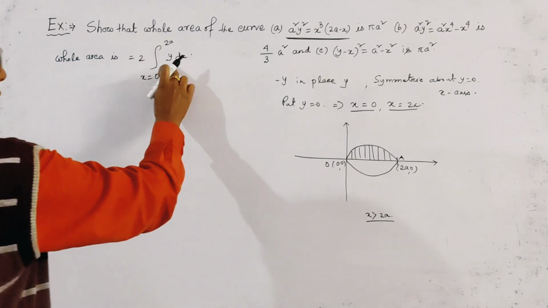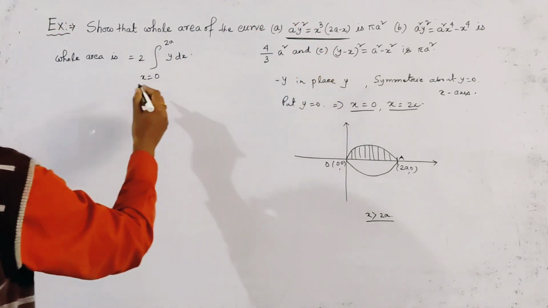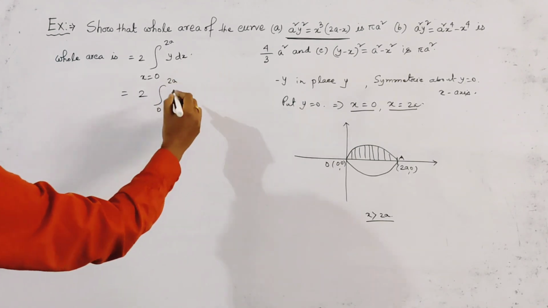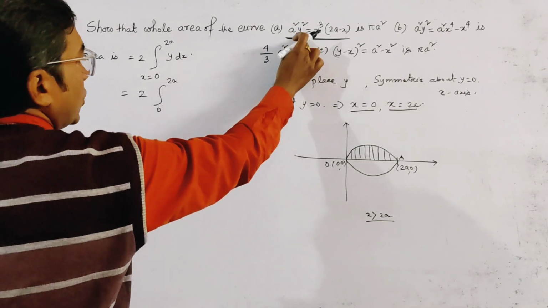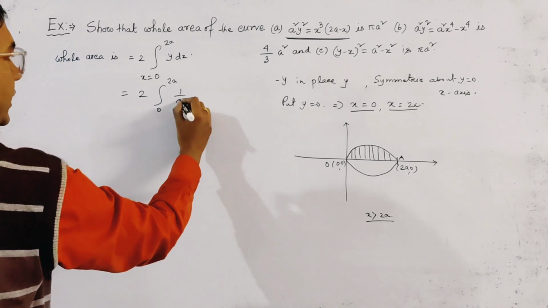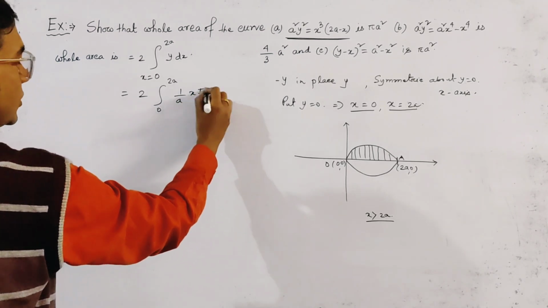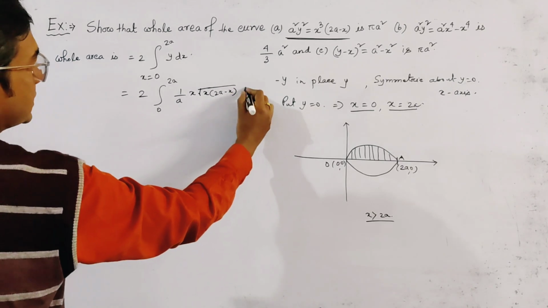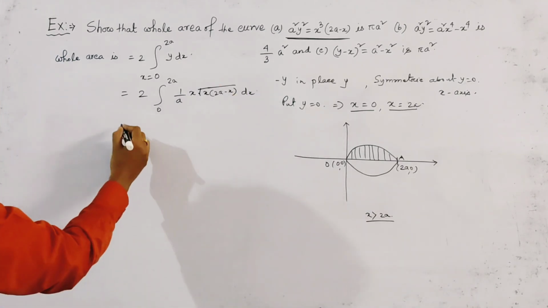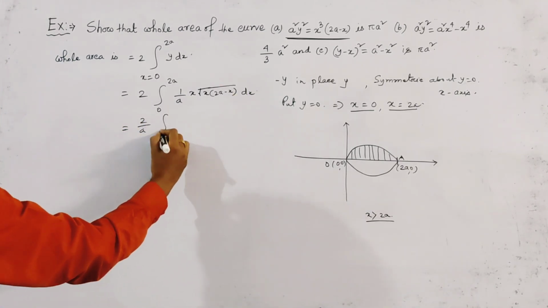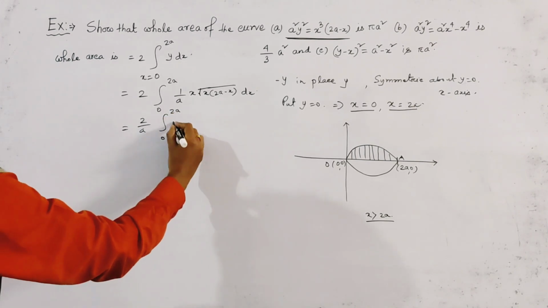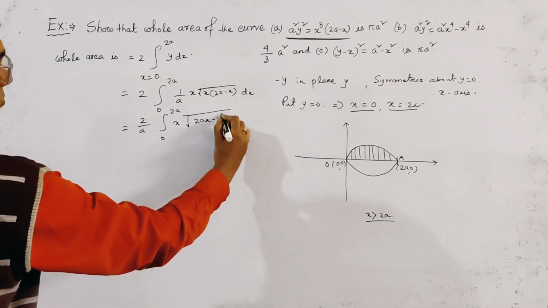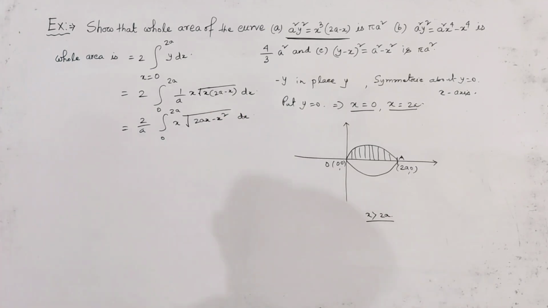What is y? y is given by the curve. So we get 2 times the integral from 0 to 2a, where y is given by the root, so 1 by a into x root of x into (2a minus x) dx. So we get 2 by a times the integral from 0 to 2a of x root of (2ax minus x square) dx.